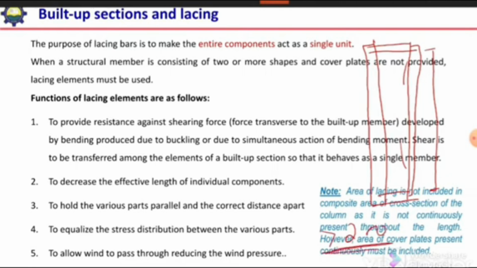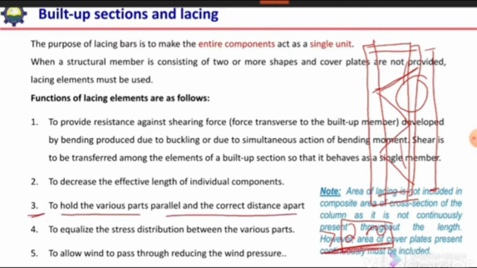So to limit the slenderness ratio of the individual member, we need to use lacing elements or tie plates so that the slenderness ratio of the individual section between the lacing points is less than the limiting value of 200. The third function of lacing is to hold the various parts parallel and at the correct distance. So to keep these parts at the correct distance from each other, we need this lacing.